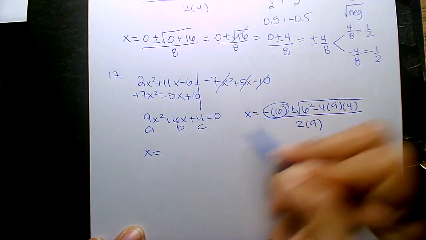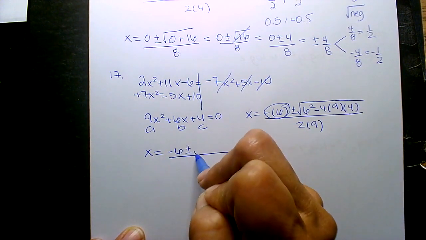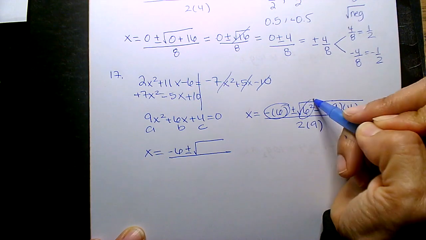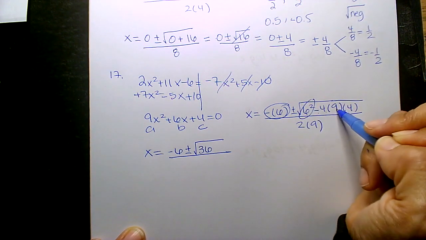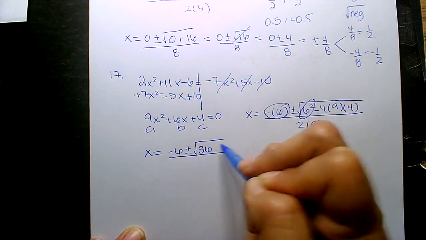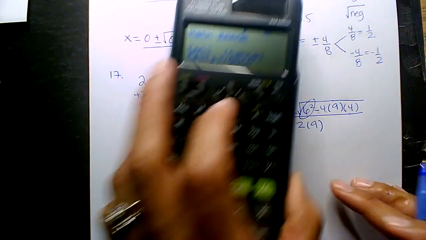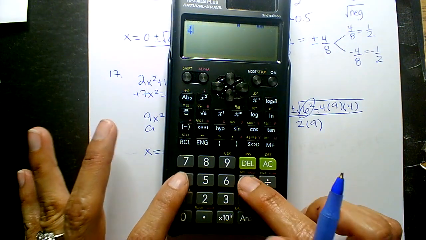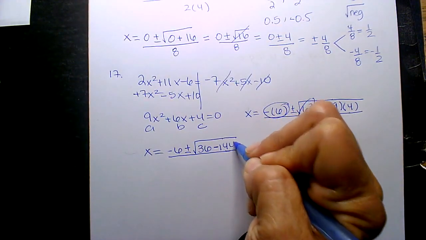Okay, all right, so how do I do that? Okay, -6 is -6, right? Plus or minus square root. 6 squared is 36. And then -4 times 9 times 4. And this is why you're getting a negative, because this number is negative here. So what is 4 times 9 times 4? 144.